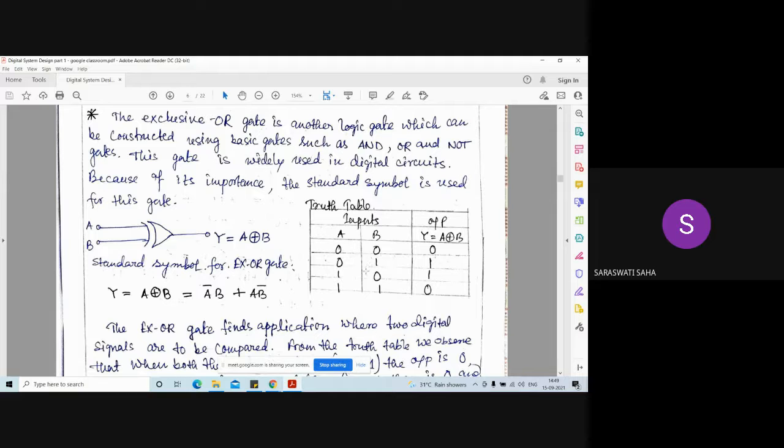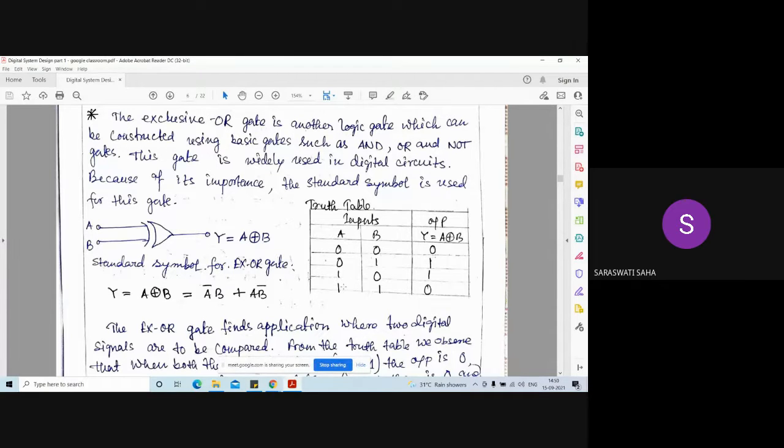See, if the number of inputs is 2, there are 4 combinations. How can we write the output from this input? For the XOR gate, if the number of 1s in the input section is odd, then the output will be 1.